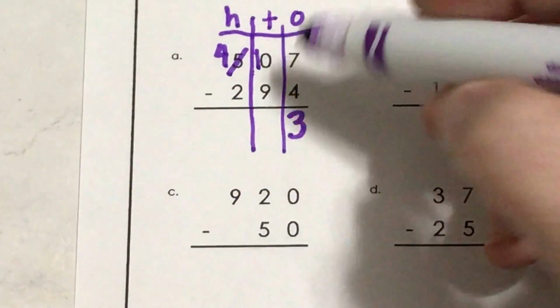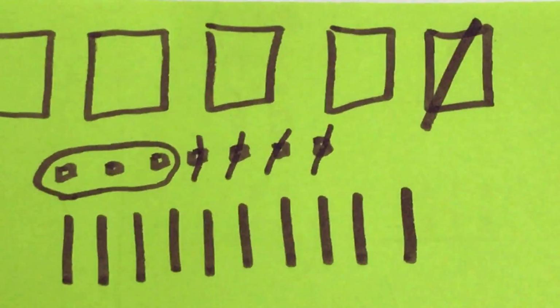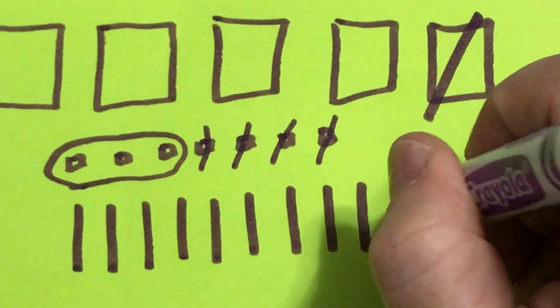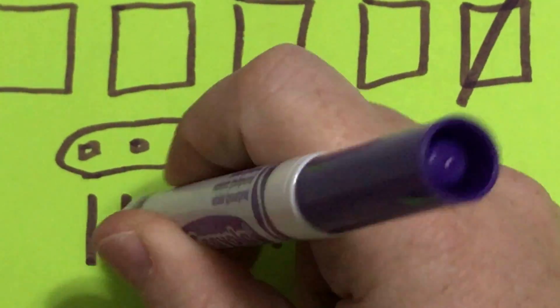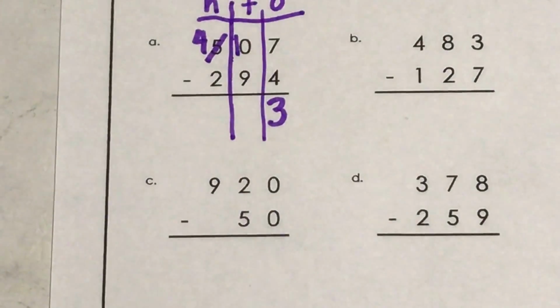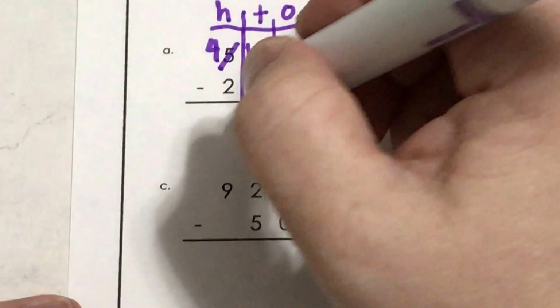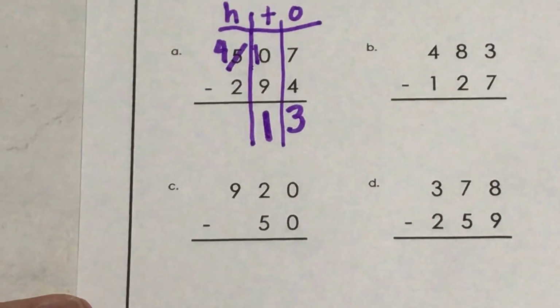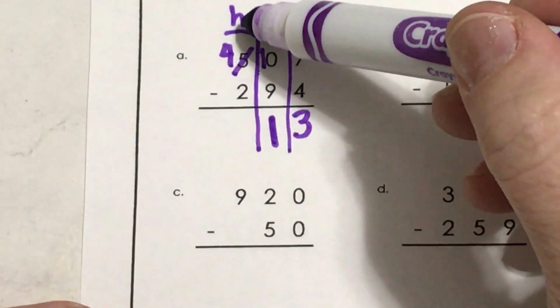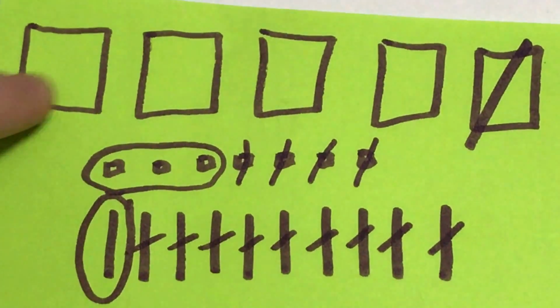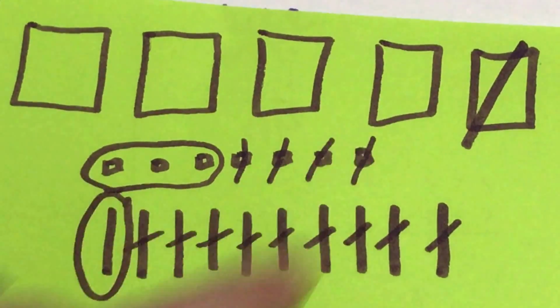So 10 minus 9, here are our groups of 10. Take away 9 of them, 1, 2, 3, 4, 5, 6, 7, 8, 9, and all we have left is 1 group of 10. So 10 groups of 10 minus 9 groups of 10 means we have 1 group of 10 left. Now we move over to the hundreds place. Well, we have these 4 hundreds left.